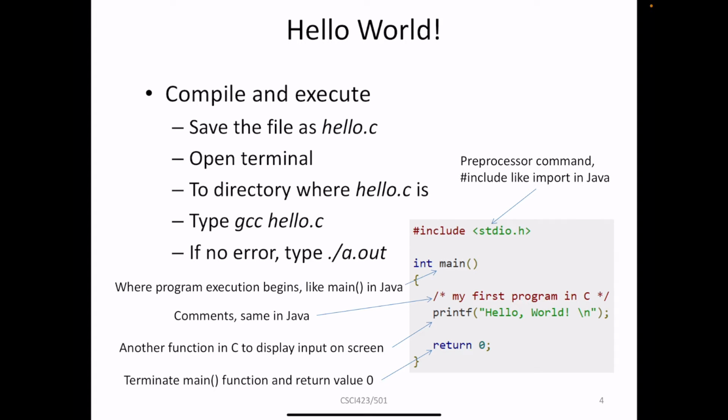In this slide, I have attached the source code of hello world, written in the C programming language, at the bottom of this slide. At the top of the source code, we have the preprocessor commands. Instead of using import as in Java, we include a C program header file here. There are a number of predefined functions inside this header file.